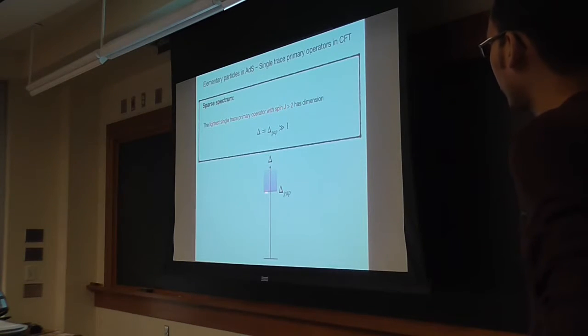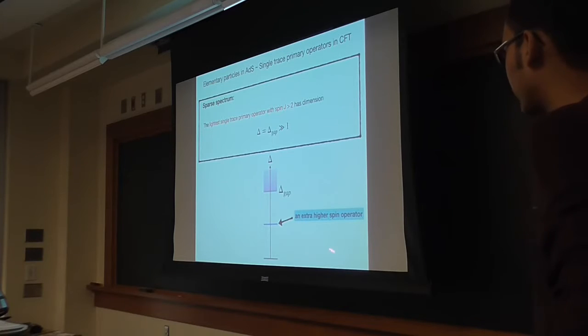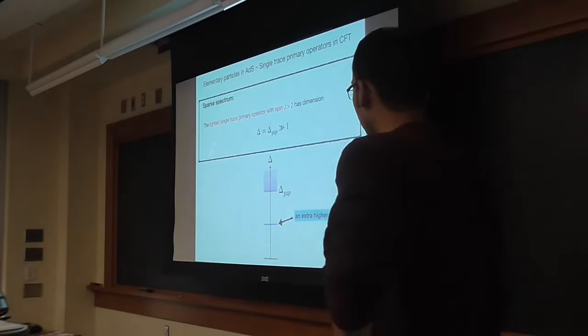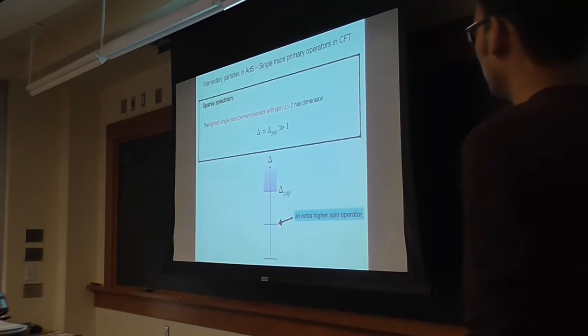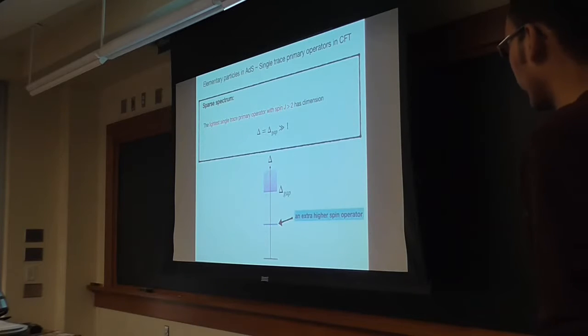You can only have higher spin single trace primary operators above some gap. Now let me add an extra higher spin operator below the gap, and let me ask the question if this extra operator is consistent with the rest of the conditions of a holographic CFT.